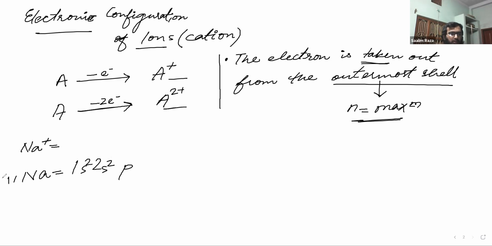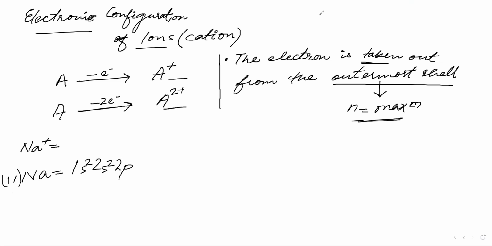Sodium is 11, right? We can do it in the condensed form, because we will get the electronic configuration of neon.